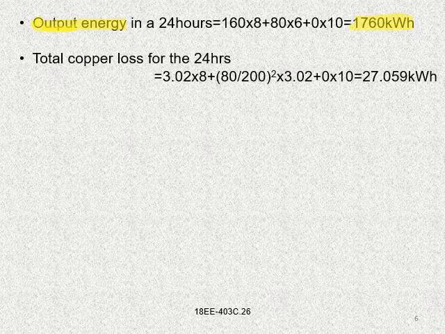Now total copper losses for 24 hours. Similarly, it is 3.02 into 8 plus 80 by 200 whole square into 3.02 into 6 plus 0 into 10. Here 3.02 is the full load copper loss, and this is the time. For a particular time, the factor is the actual kVA by full load kVA whole square.